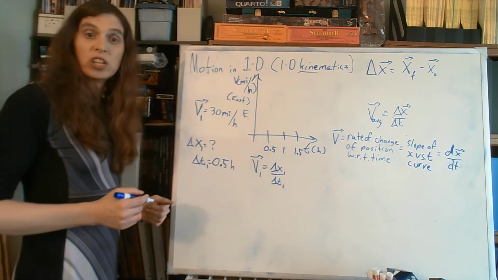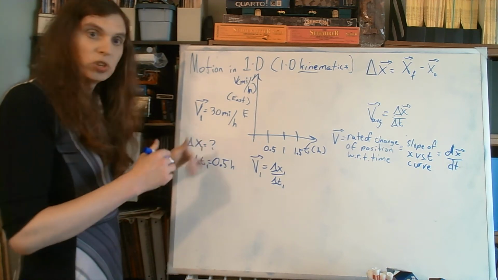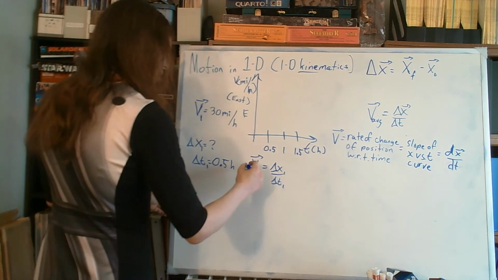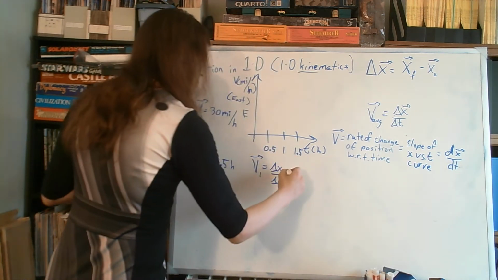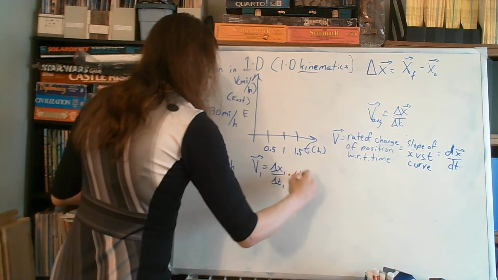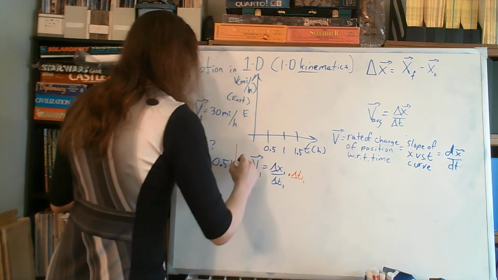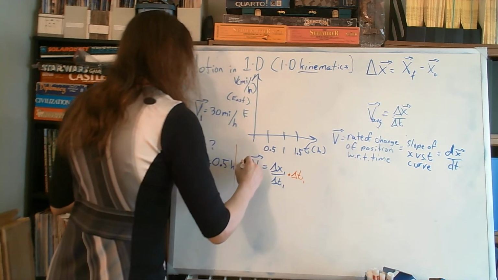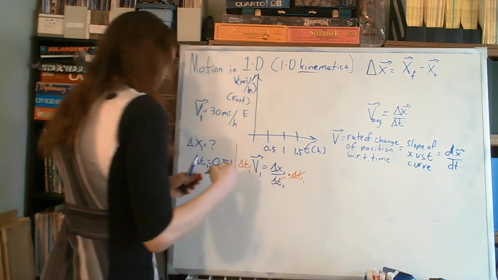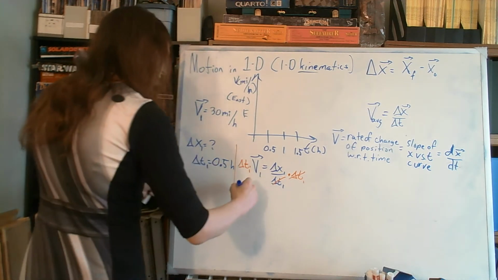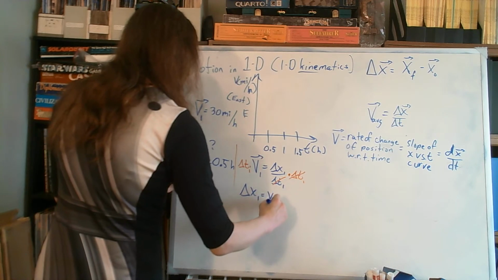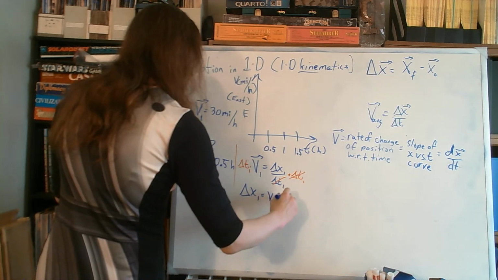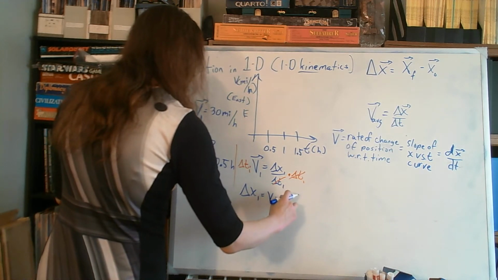We want to know what the change in position is, so we do our algebra. Multiply both sides by change in time 1. Cancel. And we get change in position is velocity times change in time.